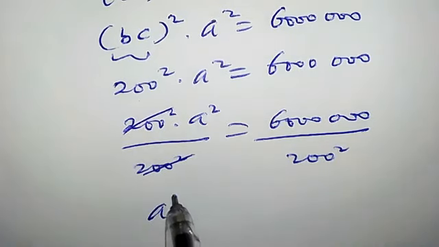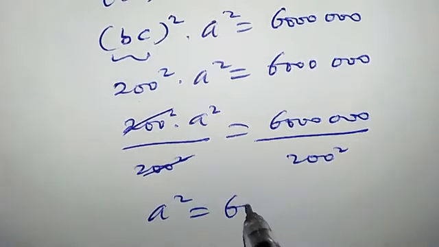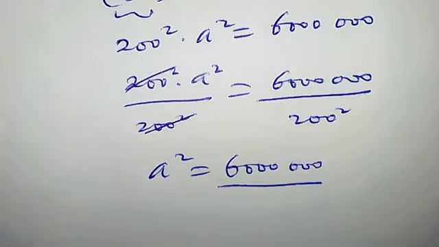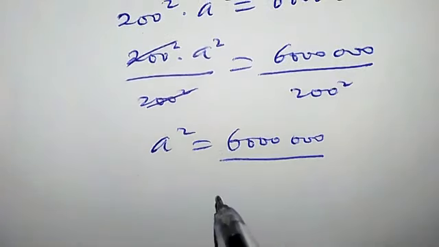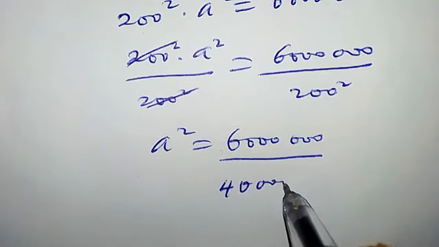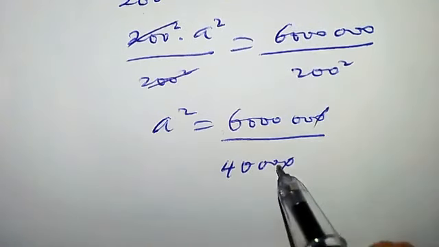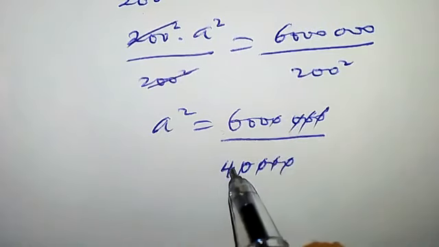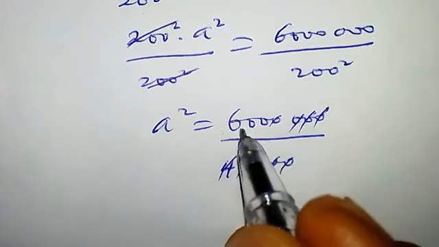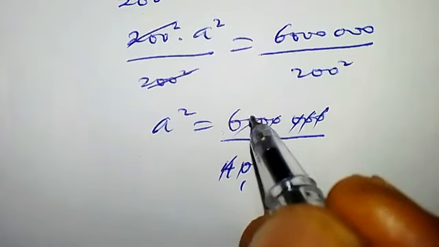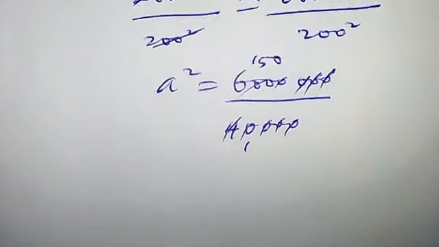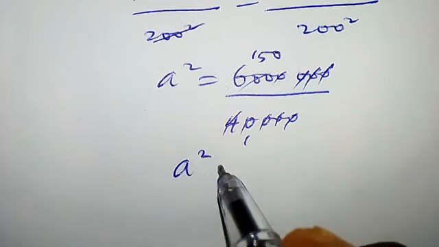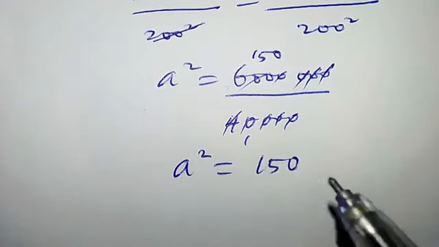So we have A square equals 6 million over 200 square, which is simply 200 times 200, and it is 40,000. Zeros cancel zeros. 4 in 4, that is 1. 4 in 600, that is 150. So that means a to the power of 2 is equal to 150.